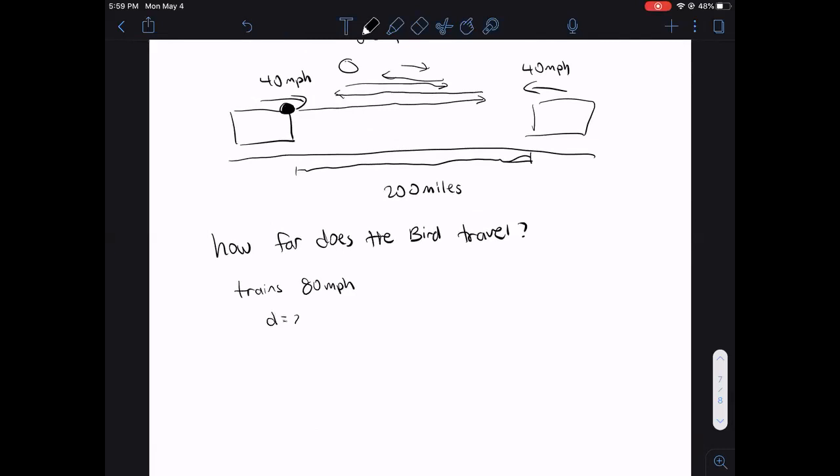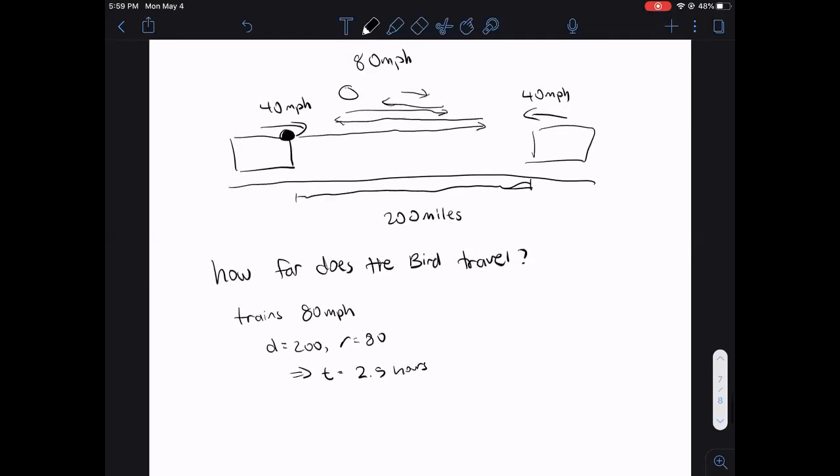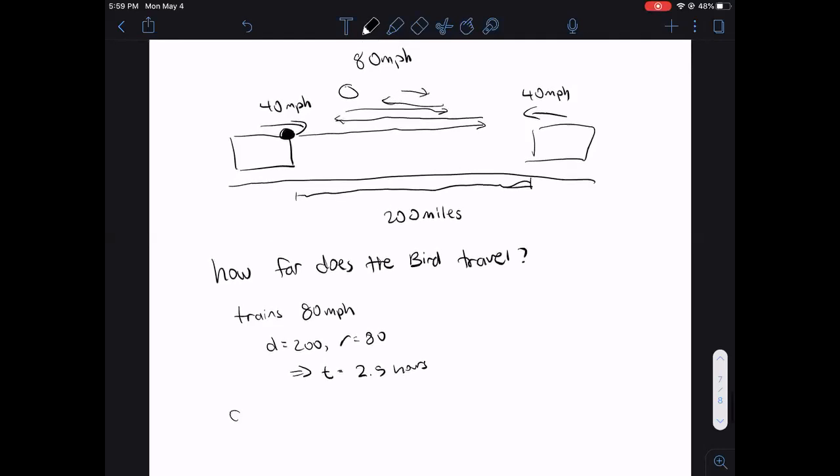Distance is 200, rate is 80, so time is 2.5 hours. This means the bird is traveling for 2.5 hours. So D equals RT, and the distance traveled is 200 miles. And that's the answer.